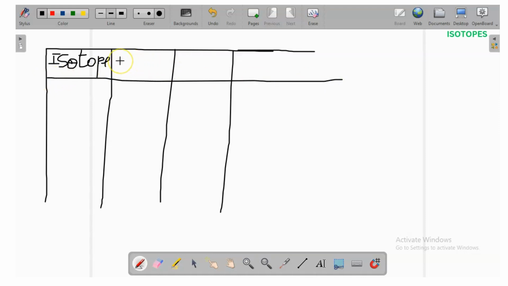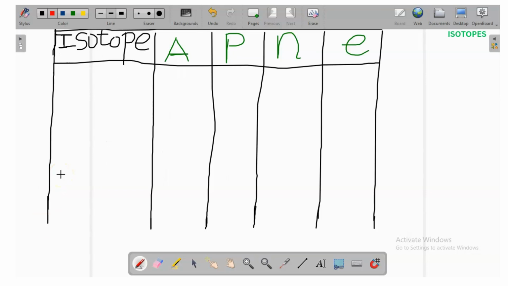Here is mass number. Here are protons. Here we have a table containing isotopes, mass number, protons, neutrons, and electrons.